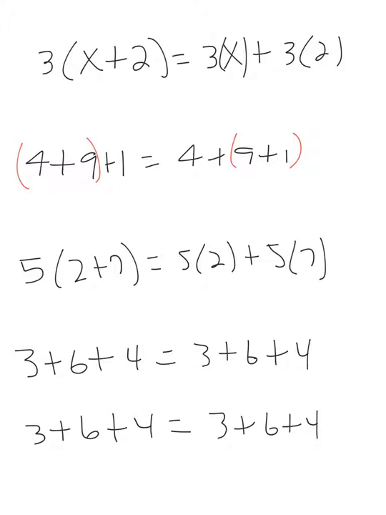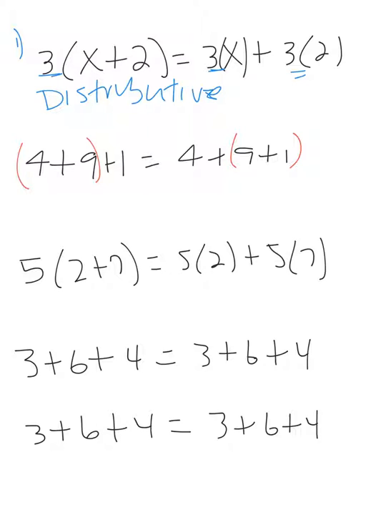So here's some practice problems. In the first one, is this associative or is it distributive property? It is distributive property because that outside 3 is being shared with the x and shared with the 2 through multiplication. The sum of 4 plus 9 plus 1 is the same as 4 plus the sum of 9 plus 1.